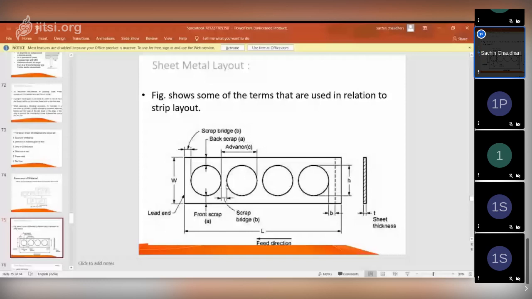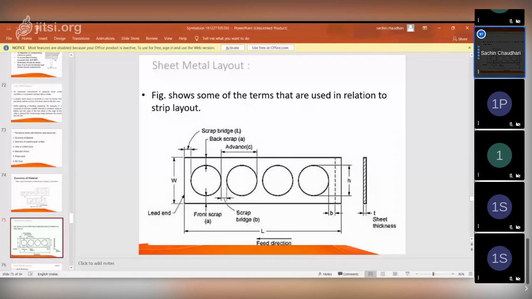Okay, so this is a distance between the first blank from the first edge of the sheet, that is called as a scrap bridge B. Okay, then how much this distance will be there?